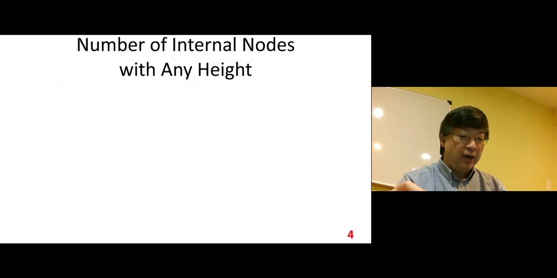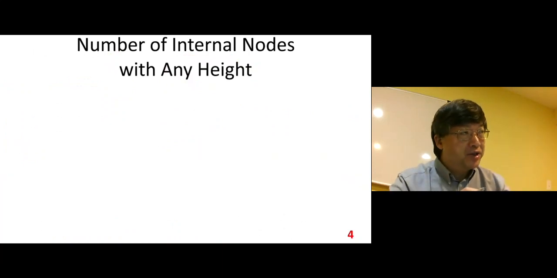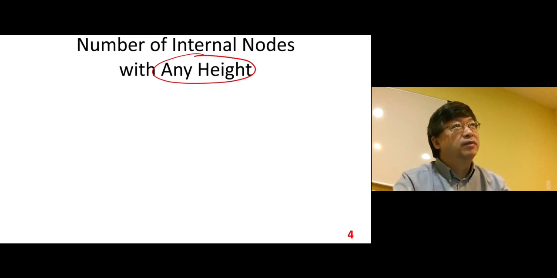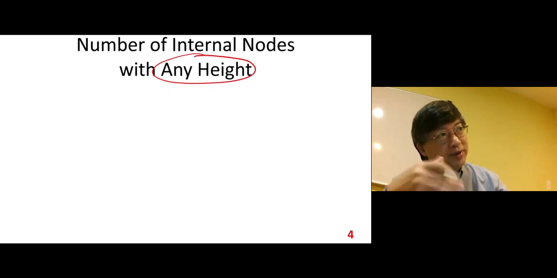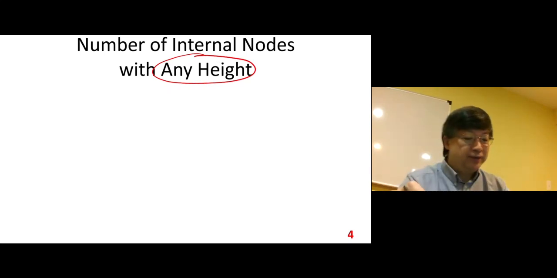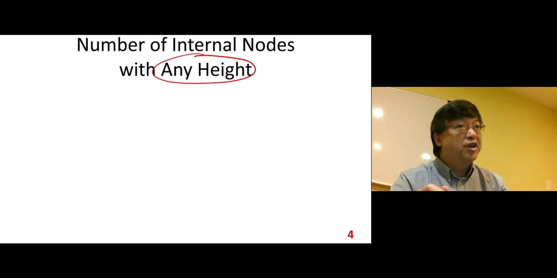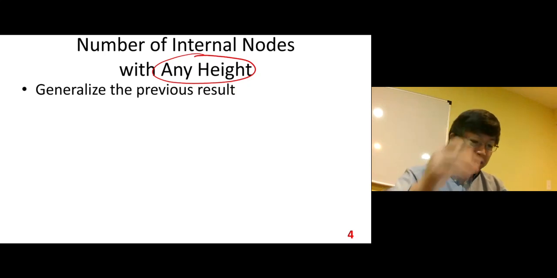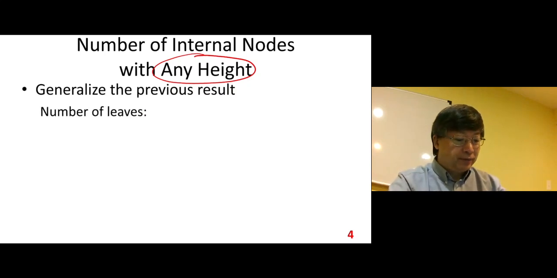All right. Now we want to generalize the formula to any height, and not just one. So 1, 2, 3, 4, any height. The formula is pretty straightforward, so we can do some simple extension easily. Generalize the previous result.